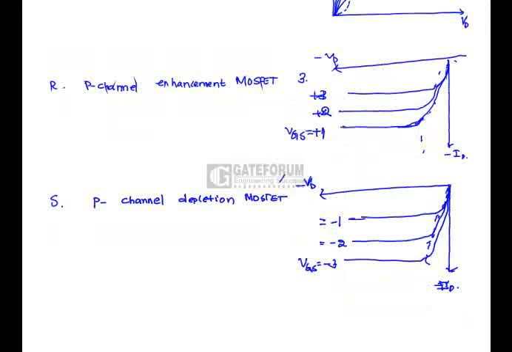So option 4 is correct, whereas for S, that is P channel depletion MOSFET, option 3 is correct. Hence, P1, Q2, R4, S3 is the correct answer.